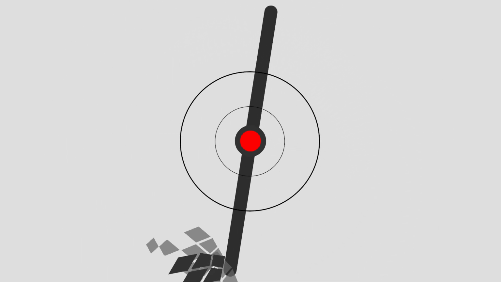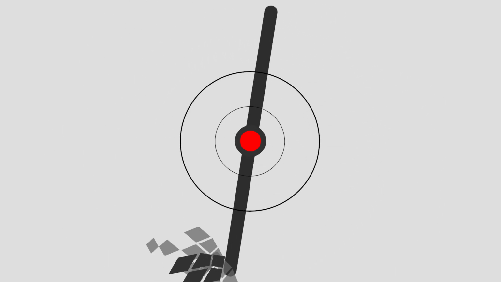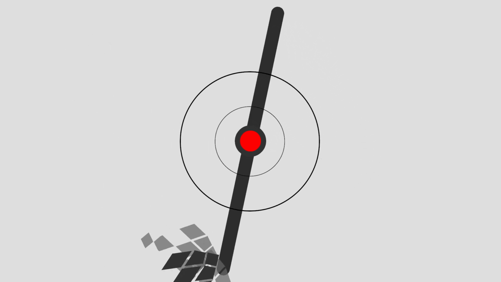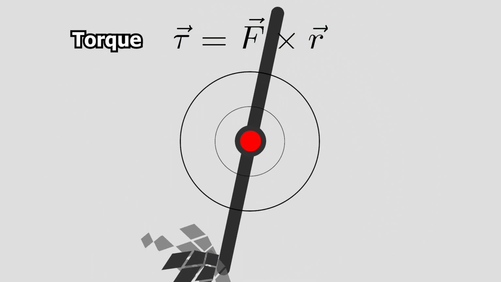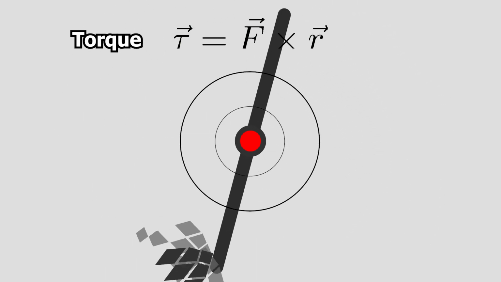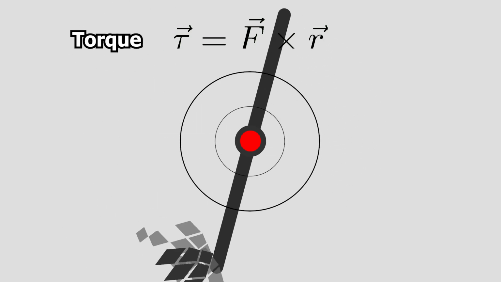This means that distance must influence the effect of a physical force applied to the object. Because of this, a new vector quantity known as torque was derived from the cross product of the force and distance vectors. Torque is defined as the physical quantity that causes an object to rotate. Just as linear motion results from force, rotational motion results from torque.